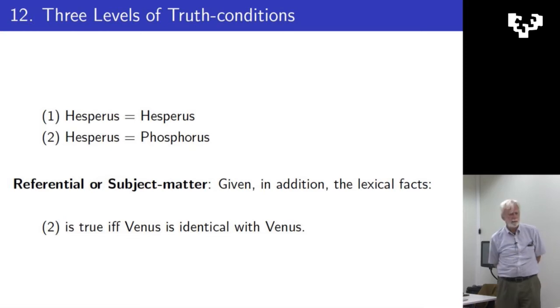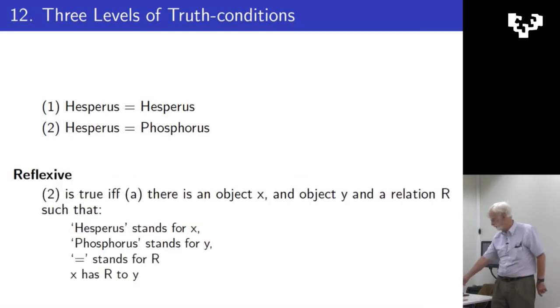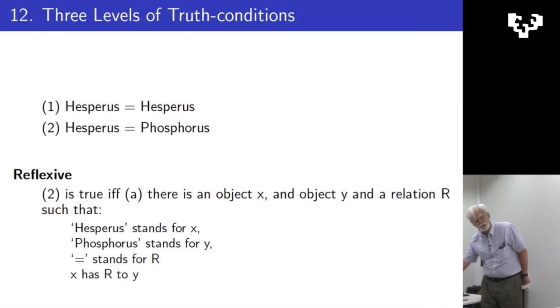And so Frege turns back and says, can you tell me more? And David says, oh yes, it's true if and only if Venus is Venus. And Frege says, that's better. Maybe he does. So this is what I call referential, or subject matter, truth conditions. So notice these conditions put conditions on the names, not on the objects.